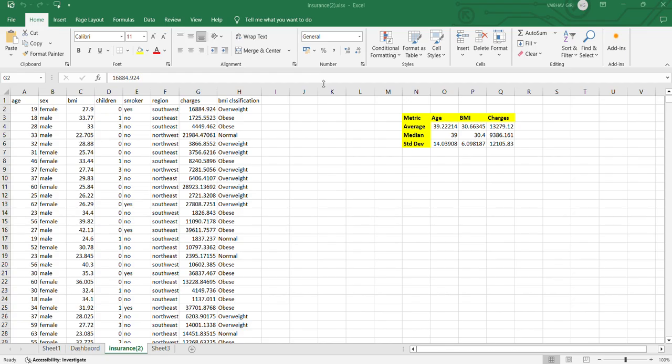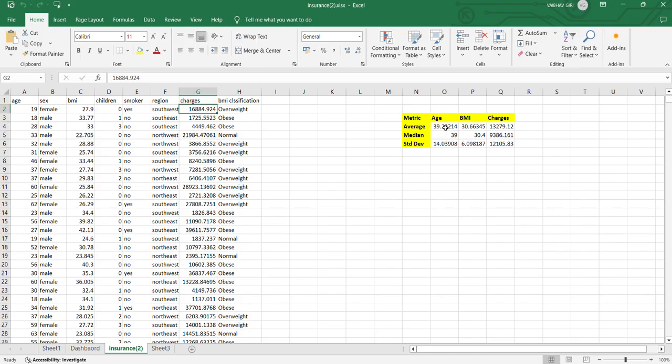First we start with the statistics of medical charges, BMI and age, where we found the average, median and standard deviation. We started by calculating the average, median, and standard deviation of the charges, BMI and age. These help us understand the general distribution of the data.